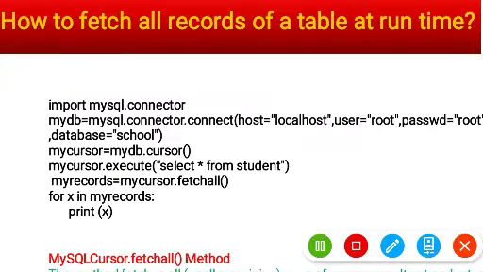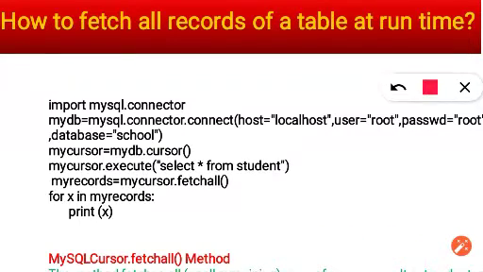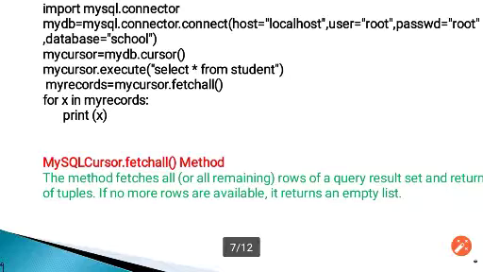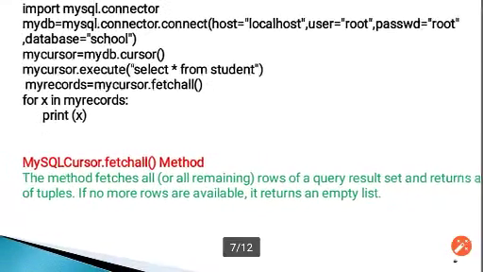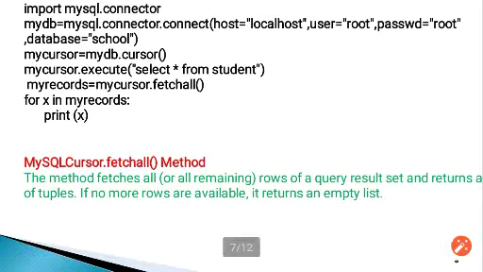For fetching all, first we are going to execute the select query, and then with the help of the mycursor object, we are going to use a function called fetchall. Fetchall will give you the whole record. This method fetches all rows of a query result set and returns a list of tuples. If no more rows are available, then it will return an empty list.